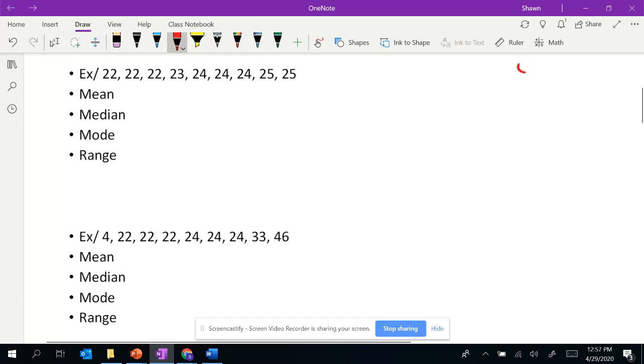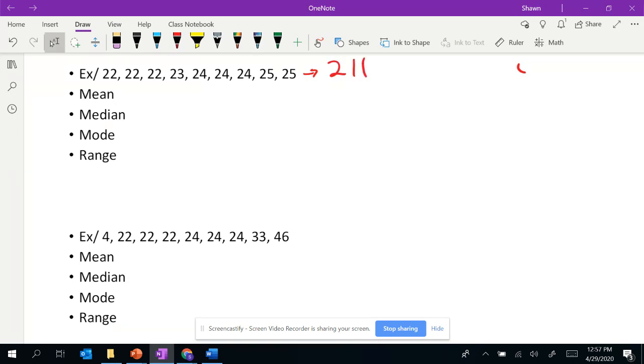First off, we're going to calculate the mean. If you can't remember how to calculate the mean, you have to add up all of these numbers. So I'm going to do that really quickly: 22 plus 22 plus 22 plus 23 plus 24 plus 24 plus 24 plus 25 plus another 25, and I get the number 211.